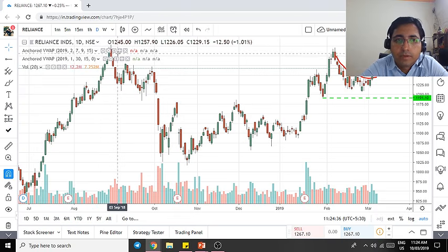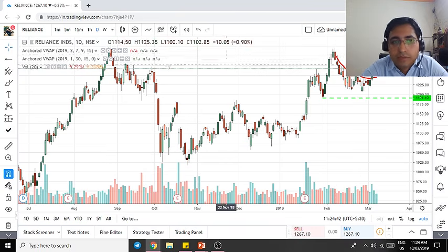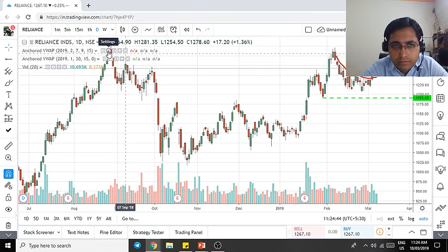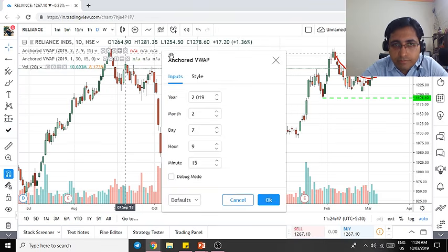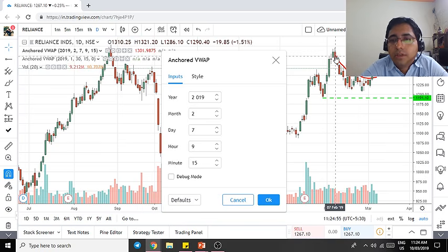Now let's say this was the swing high on 7th of Feb. Go to the settings, go to input, and update it to the candle location. So it is 2019, second month February, date is 7th.